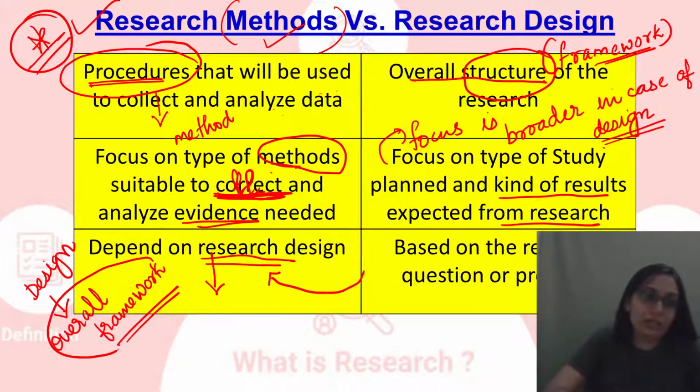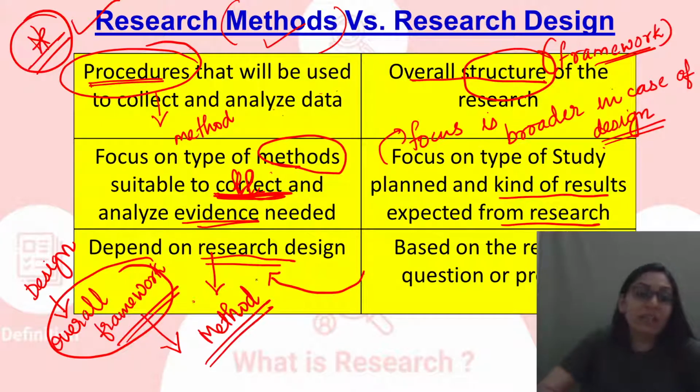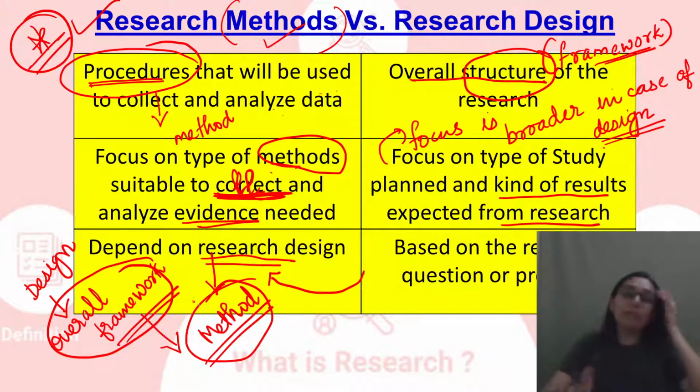So in research design, the entire plan is put forward, meaning what is to be done and what methods are to be adopted and everything. Now based on the research design, we will prepare the method. So in the research design, method is also included. Under the plan, method is also there. So which one is broader? Research design is broader, because based on the research design, the research method is finalized.